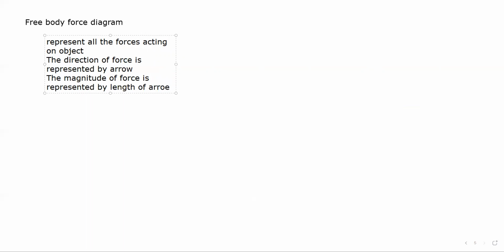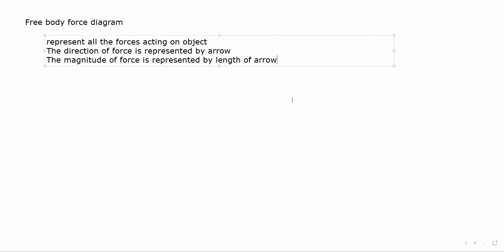Like if it is greater magnitude, we'll draw a longer arrow. If it is smaller magnitude, we'll draw a shorter arrow. So a free body force diagram basically represents all of the forces acting on the object.